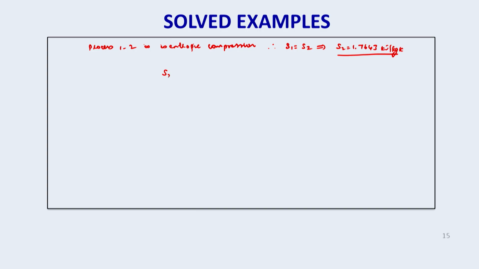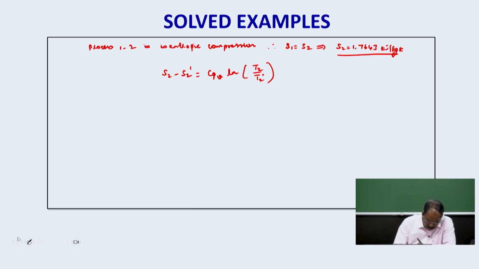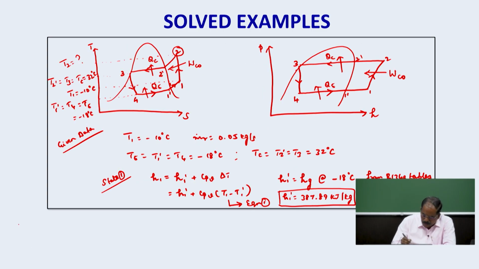So S2 minus S2 dash is equal to Cp of vapor into ln of T2 divided by T2 dash. Here T2 is unknown, T2 dash we know, that is T2 dash is equal to T3, which is equal to the condenser temperature.